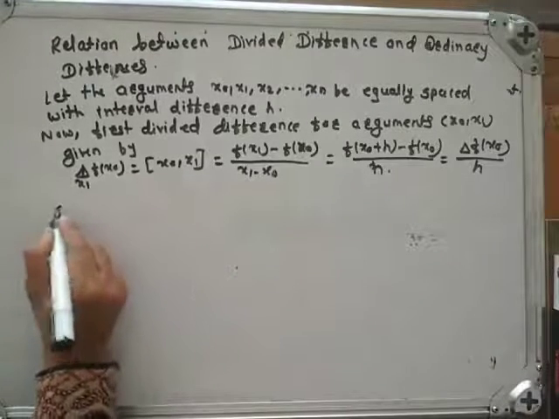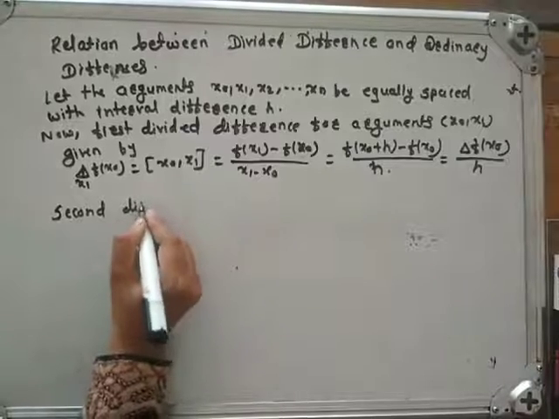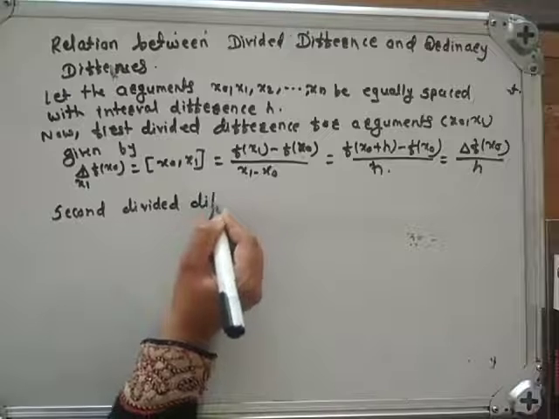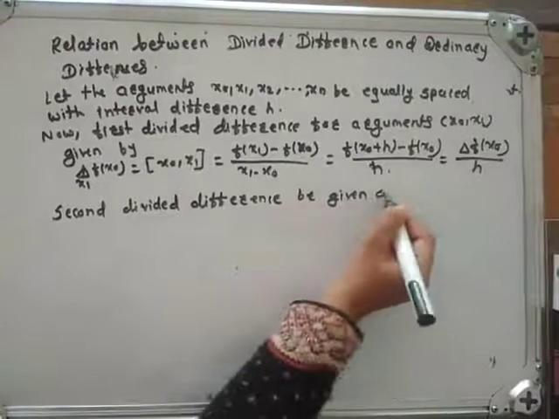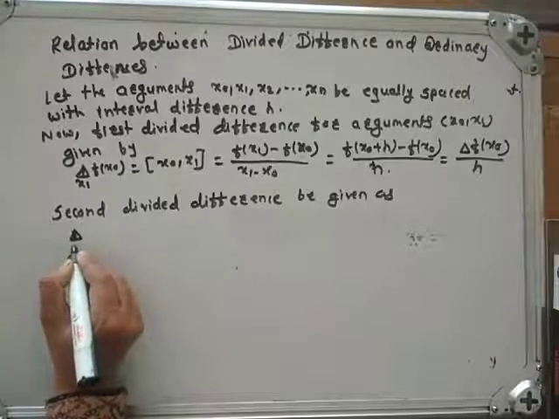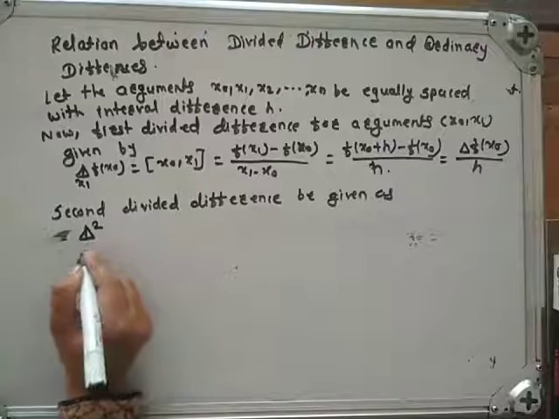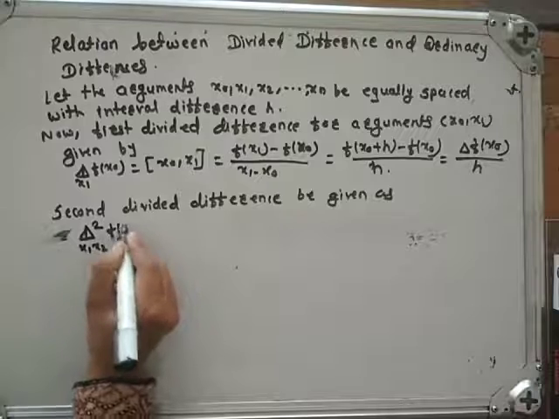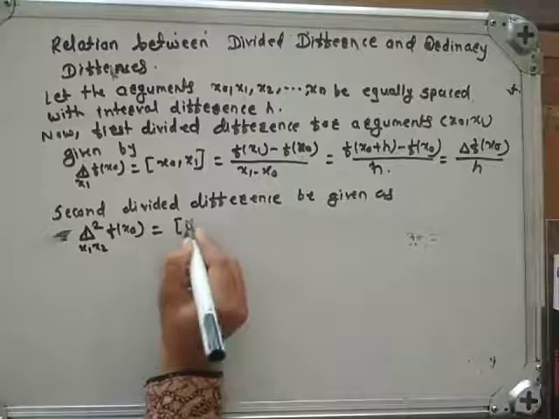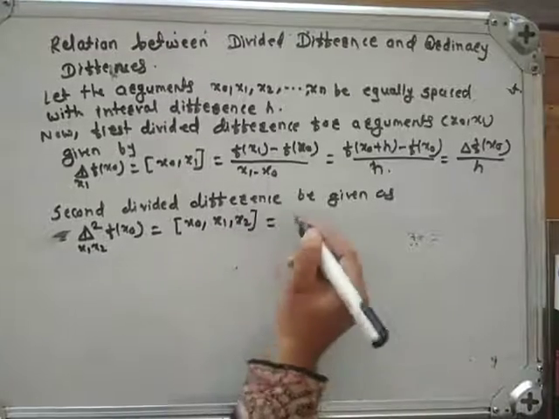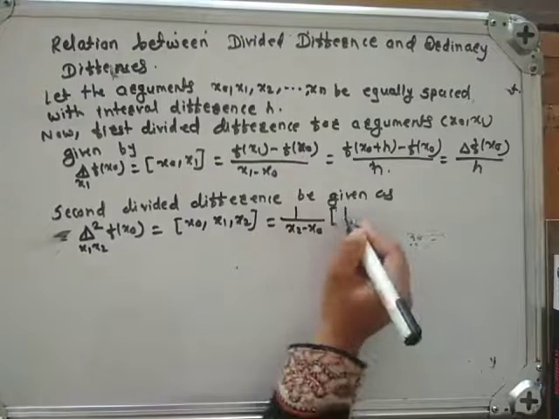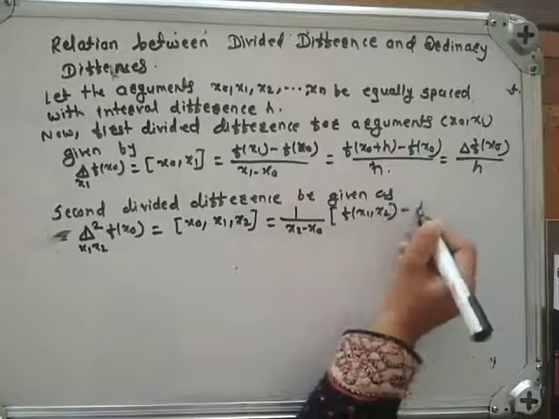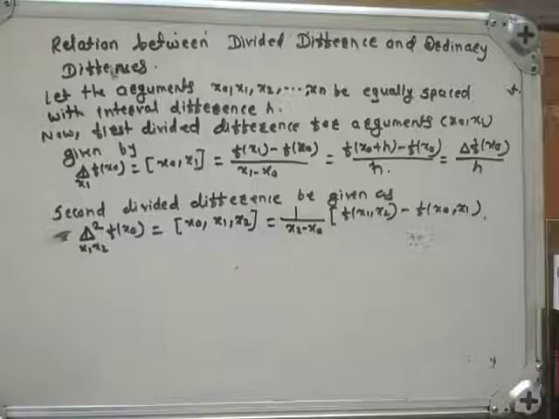Second divided difference is given as [x0, x1, x2], which is equal to 1 upon x2 minus x0 into (f of x1, x2 minus f of x0, x1).